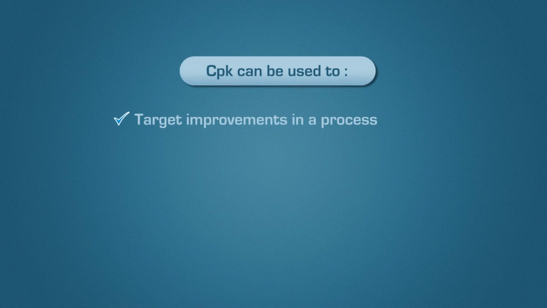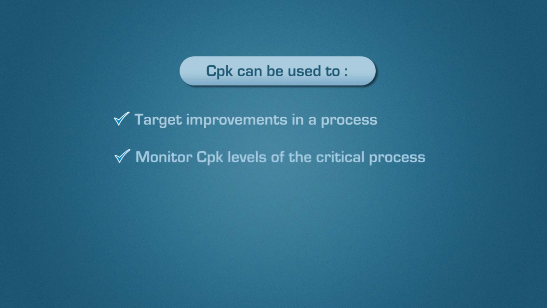It could be used to target improvements in the process. For instance, we can monitor the CPK, and if it is at 0.5, we can set a target. By the end of the year, I want the CPK to be 0.75 or maybe 1. That is one use. Or suppliers could be asked to submit their CPK levels, and it can be continuously monitored. So, that is another use of CPK.